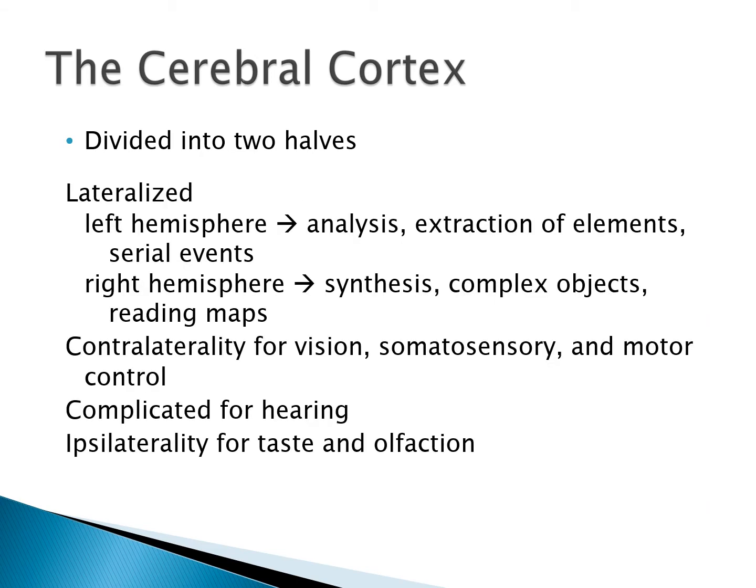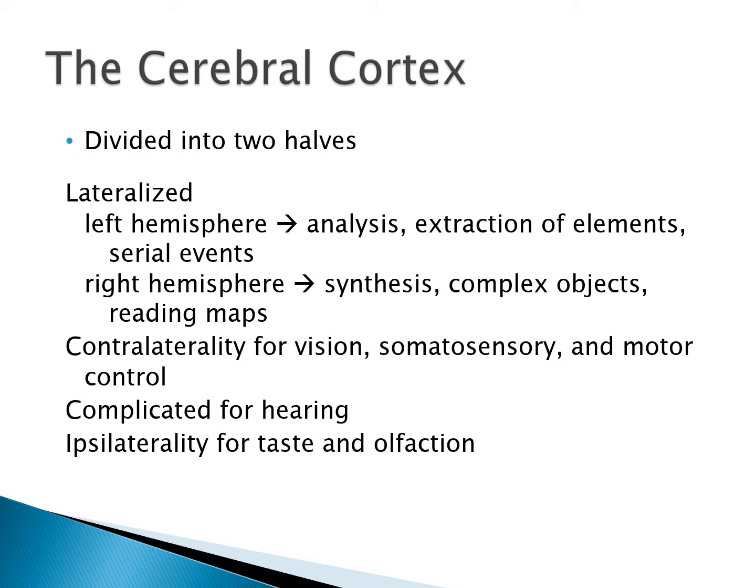So we do have this lateralization. I know we've talked about all of these concepts before, and I'm going to go over them because this is where they are also very relevant: the left hemisphere and right hemisphere are each doing really different functions. While these are overstatements and communicate what's happening in a typical brain, typically the left hemisphere is doing analysis, extraction of smaller elements, and serial events, looking at the bits in the trees.